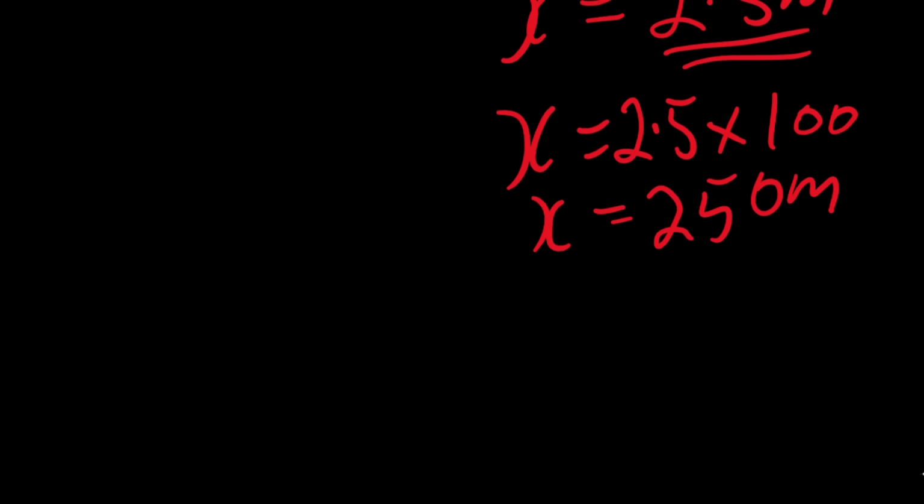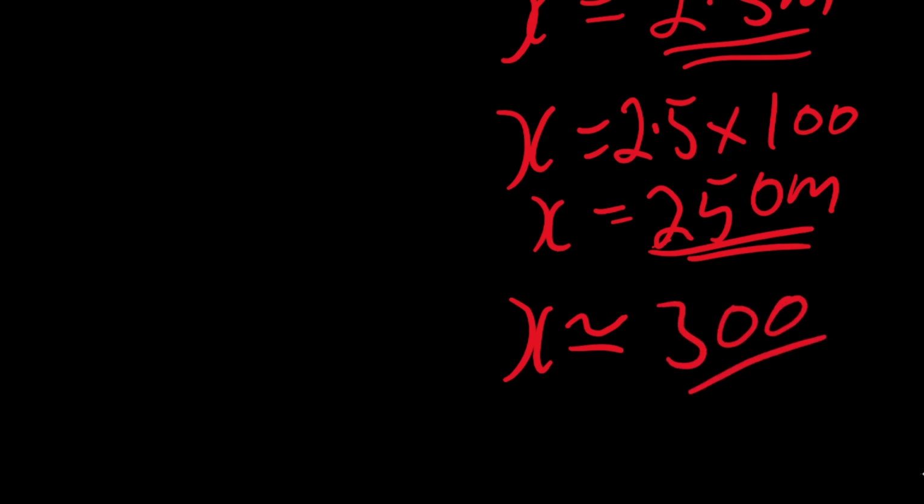But mind you, from the beginning they said to the nearest centimeter, so that means approximation. I have to put an approximation sign. So we're going to take it to 300 approximately, right? This is the answer right here.